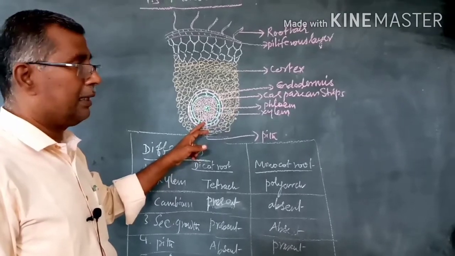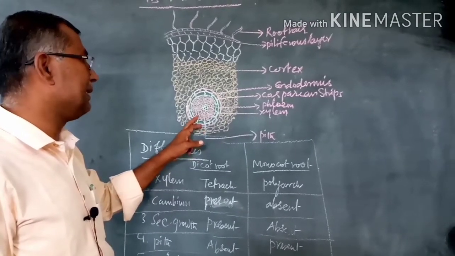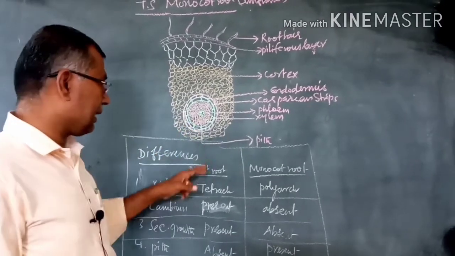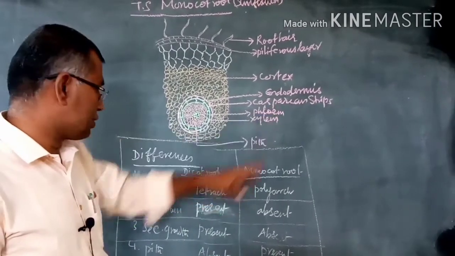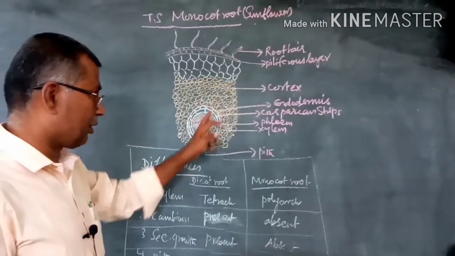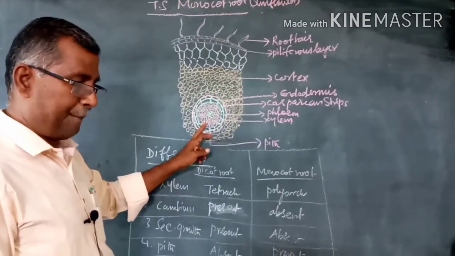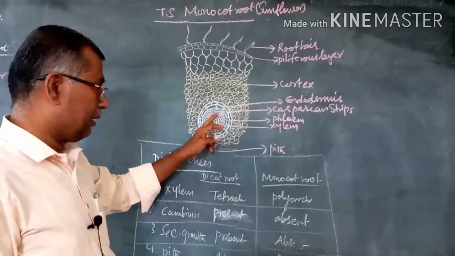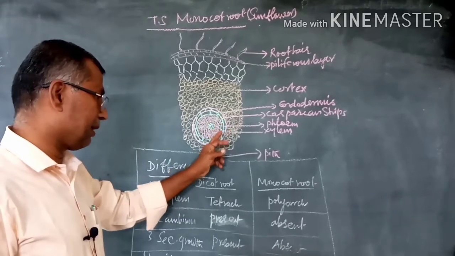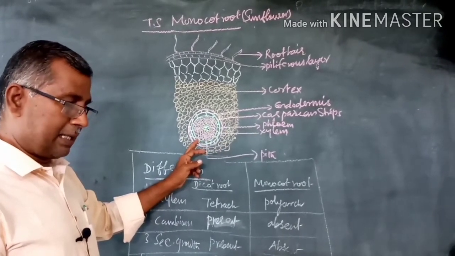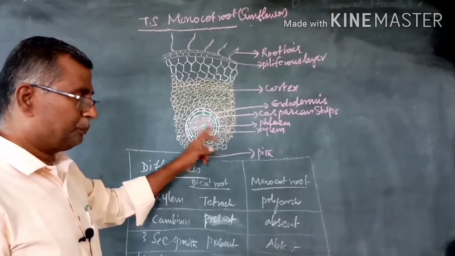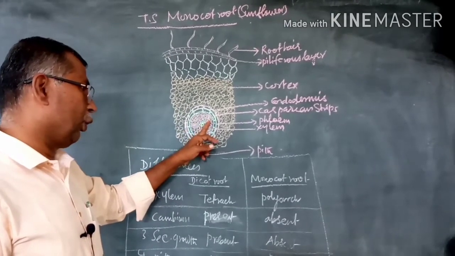That is the main function of the passage cell. Understand? Then the stele constitutes the pericycle, vascular bundle and the pith. Inner to the endodermis there is a single layer of cells called the pericycle. It is the site of origin of lateral roots, as in the dicot root.